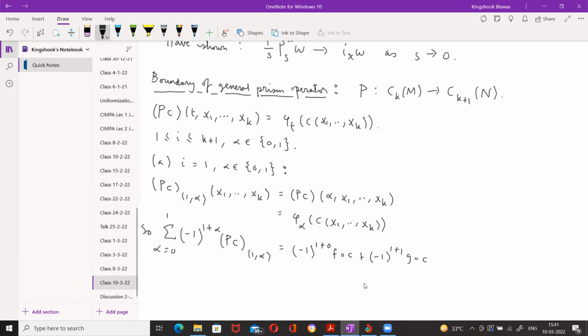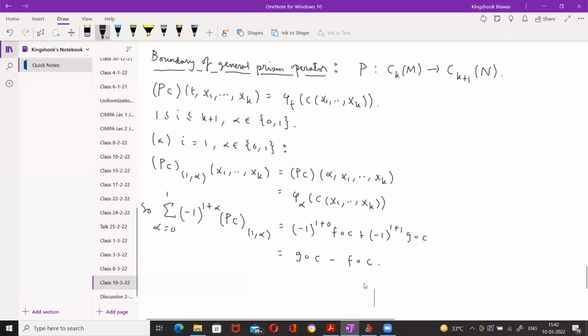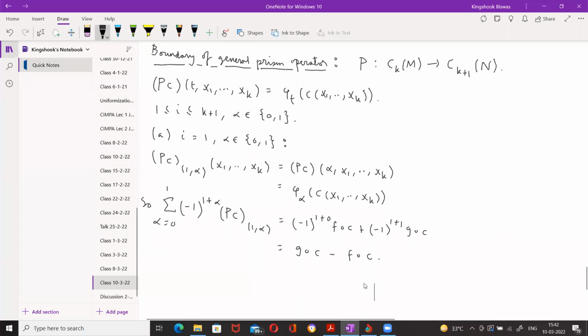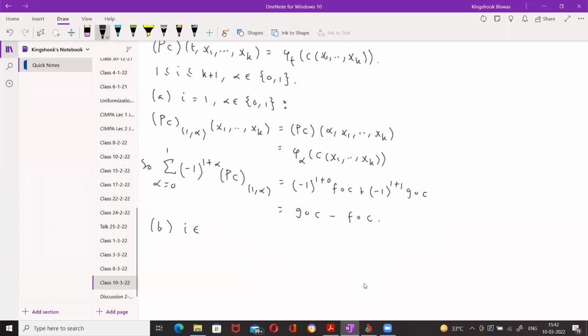So this gives me G composed with c minus F composed with c. Okay, so that's the top minus the bottom. All right. That's when i is 1. Okay. Now, what about when i belongs to 2 to k plus 1, and alpha belongs to {0, 1}?